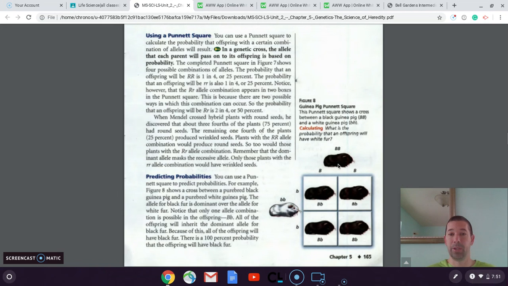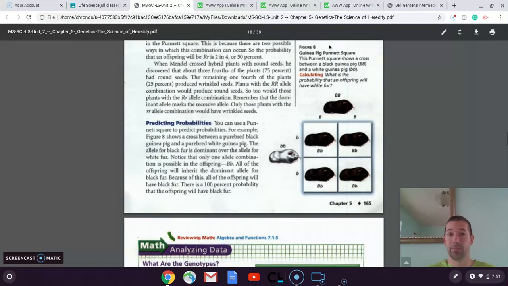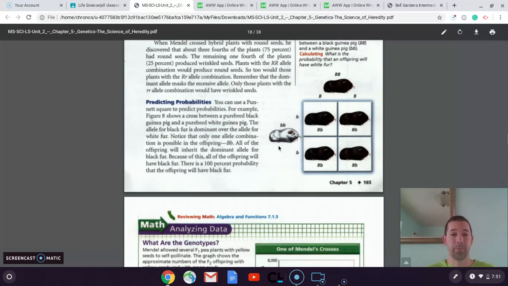There's another example here with color for guinea pigs, with the dark color being the dominant allele. Remember, this would be a purebred dominant, two uppercase B's, and this would be a purebred recessive, two lowercase b's for this white fur. So all the offspring would have the brown or black fur.